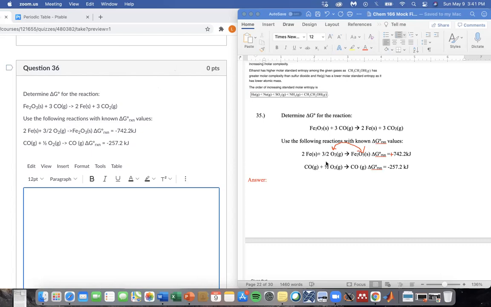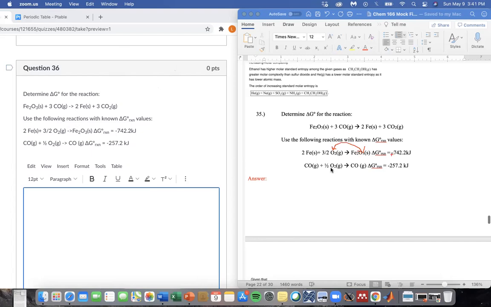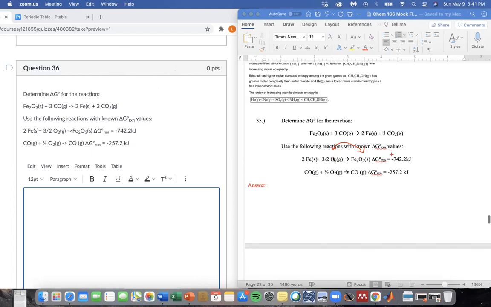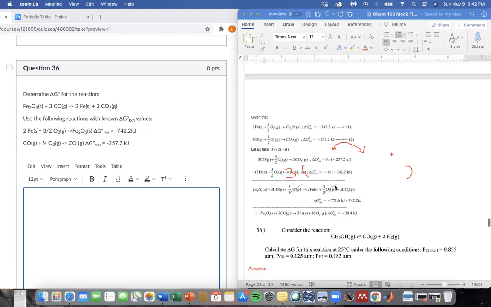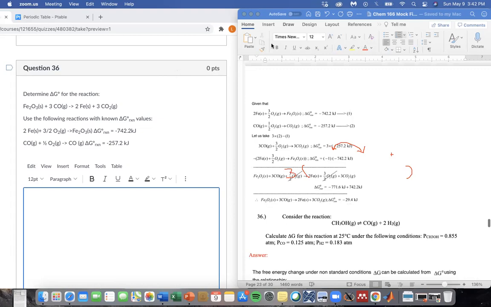The other part is that we have 3 halves O2 up here, which we need to cancel out, and we have 3 CO and 3 CO2 in the equation here, and so this one needs to be multiplied by 3. So it's literally just Hess's law. Once you do those calculations, you would get a delta G value of negative 29.4 kilojoules.